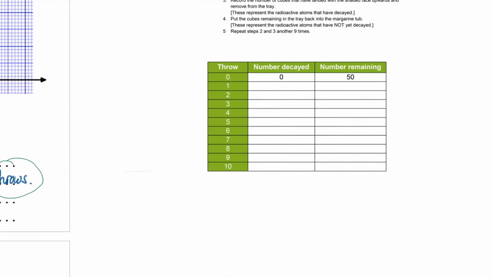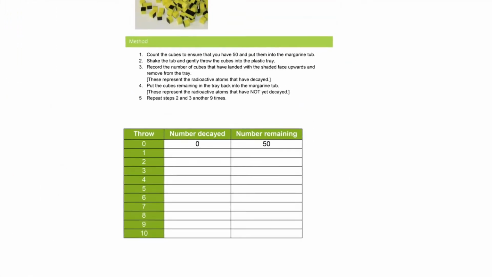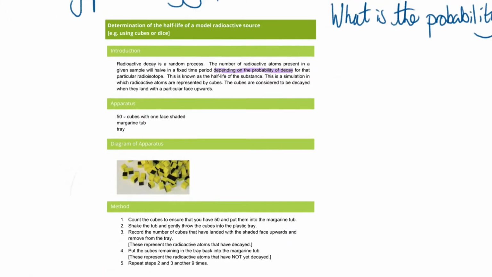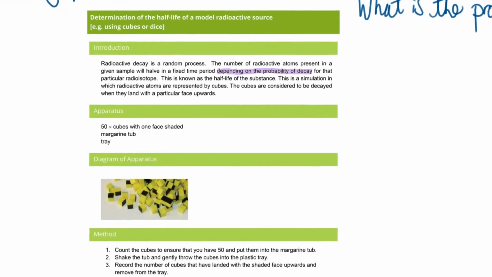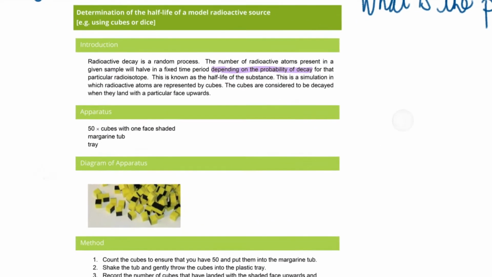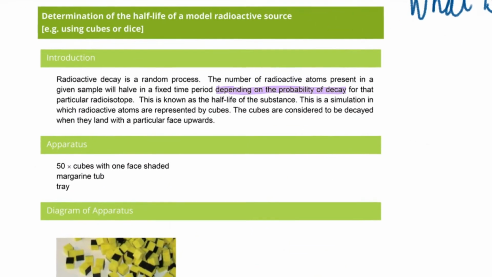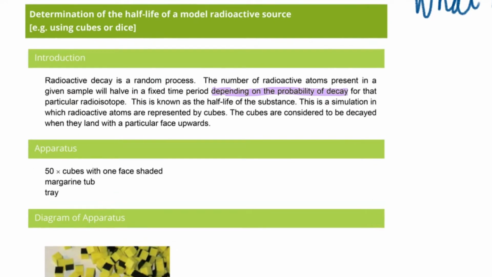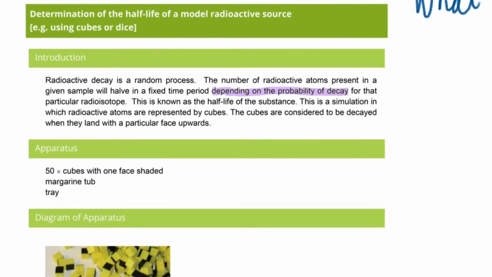Another way of modelling radioactive atoms, and this is the example from the GCSE specification, is to use, well, let's read it. Determination of the half-life of a model radioactive source, for example, using cubes or dice. And I've highlighted the important words here.